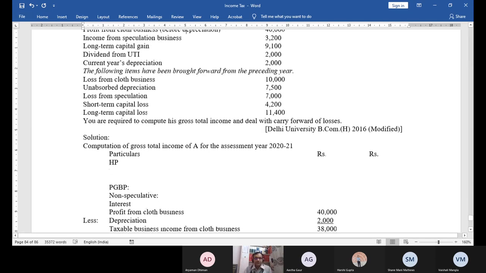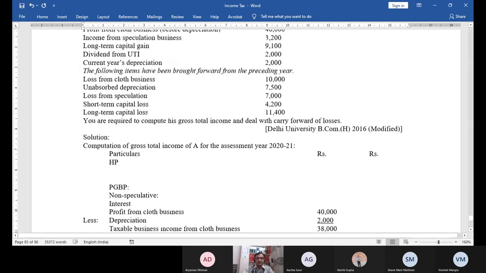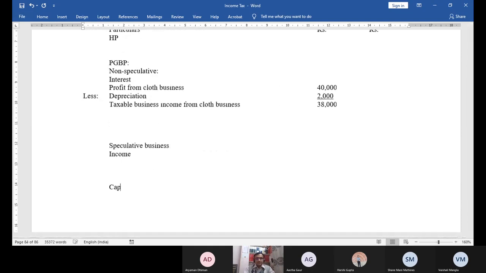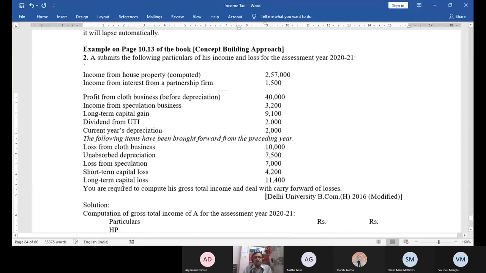Let us wait. Long-term gain, again under which head? It is capital gain. I will write LTCG, but I'm not writing in any column because I do not know in which column I need to write. It depends upon the entire question study.